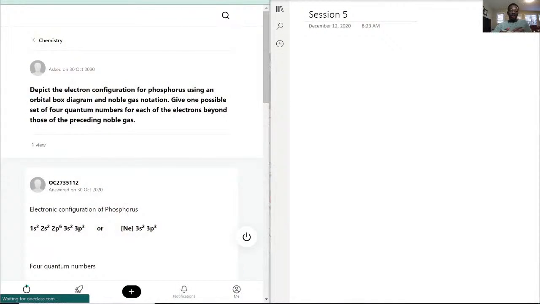This is going to be with the first question being: depict the electron configuration for phosphorus using orbital box and noble gas notation.